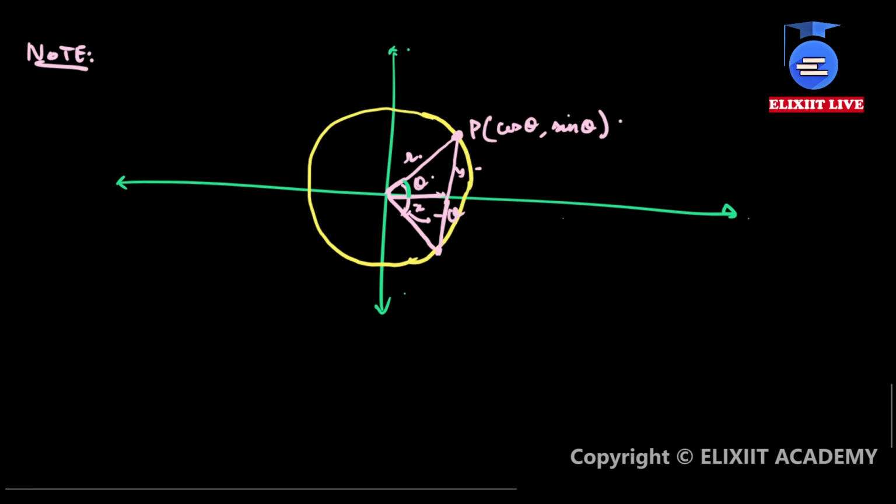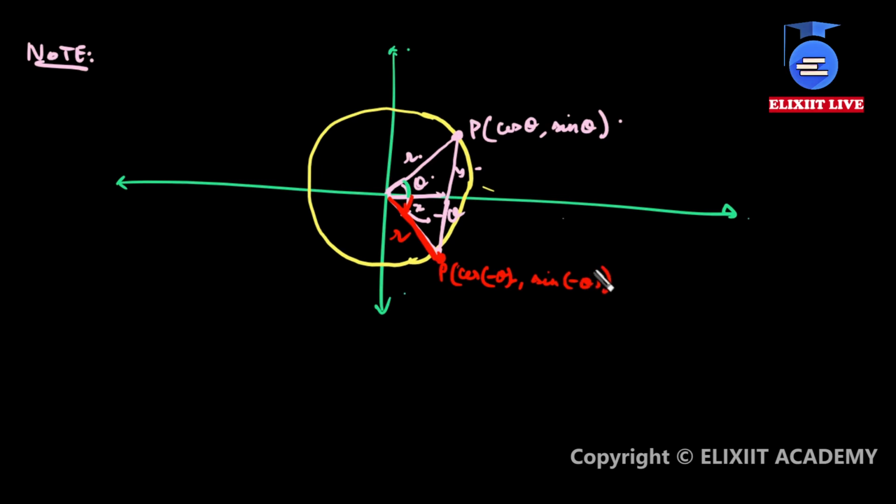If you draw the same perpendicular, this particular distance is R. If this angle is minus theta, then this point P is now cos of minus theta and sine of minus theta, because theta is negative in this case. This distance remains the same: this is x, and this is y. The only difference from the previous case is that here we have theta and there we have minus theta, because we are measuring in the clockwise direction.